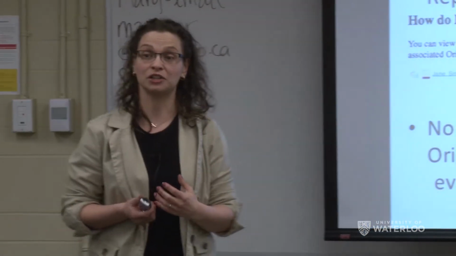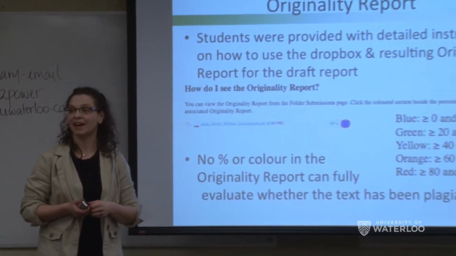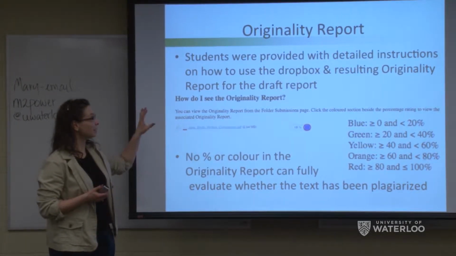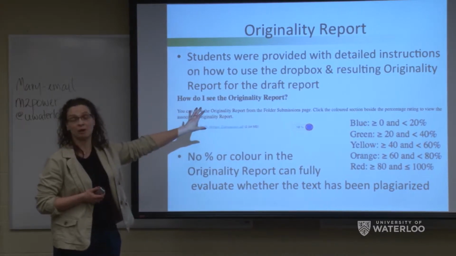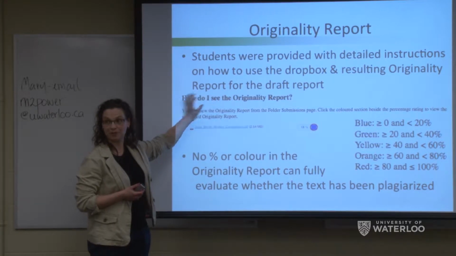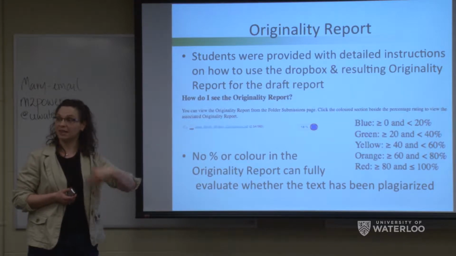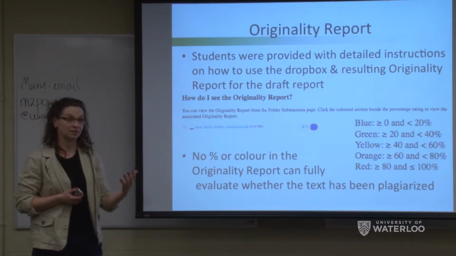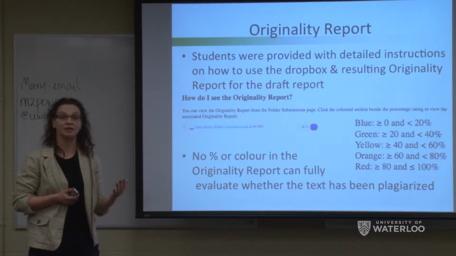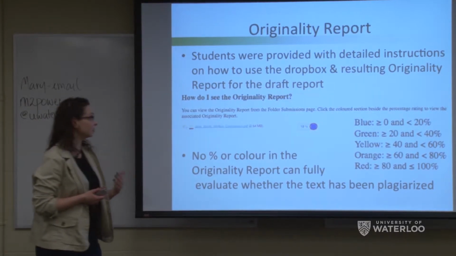Now, the detailed instructions sheet that was created by Barb, Christine Zaza, myself, and Mary Power, we put this draft Originality Report detailed instructions on how to use the Dropbox and how to read the resulting Originality Report, because these students were able to, for the draft Dropbox, see an Originality Report that Turnitin produces and be able to delve into that Originality Report and determine whether or not they did have any issues in terms of the text matching and plagiarism.